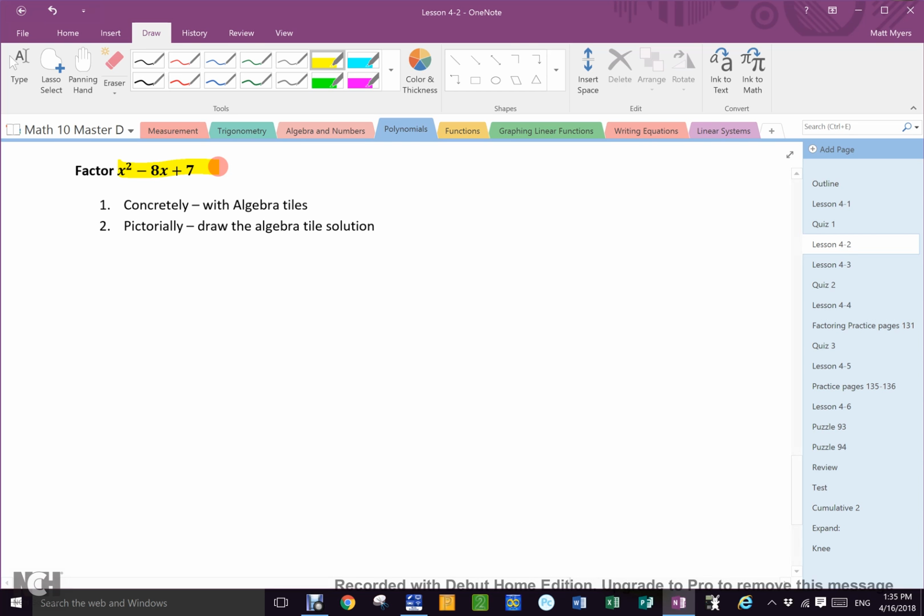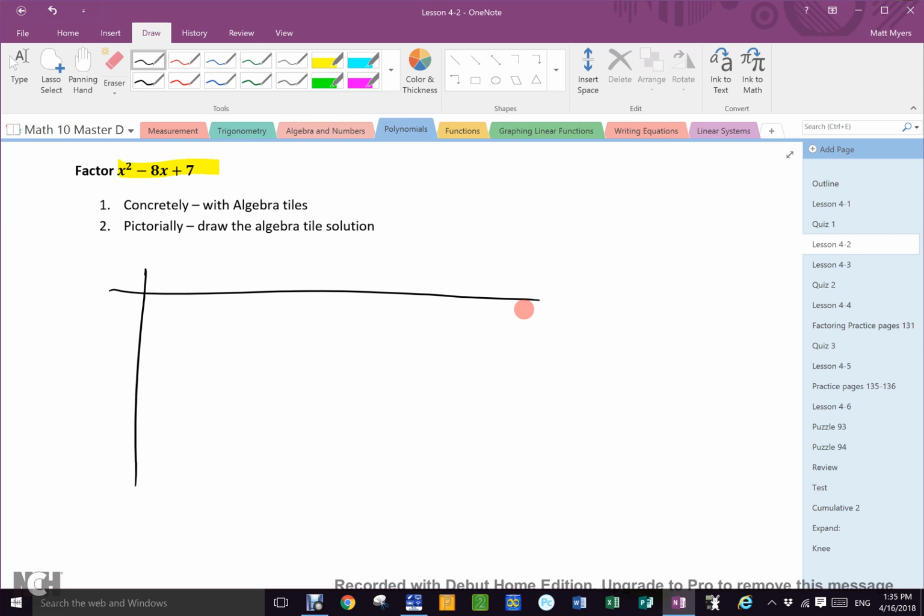Is that a product or factors? Product. How do you know it's a product? It's not being multiplied. There's nothing being multiplied. There's no factors. Right? So we're going to break this down, yes? Which means if I was going to break this down and draw it, it would look like this, yeah? And the product would be in the middle and the factors would be on the side, correct? So somewhere in the middle here, I would need an x squared, -8x's, and 7 little boxes, right?